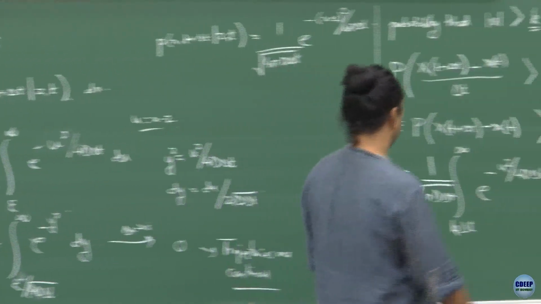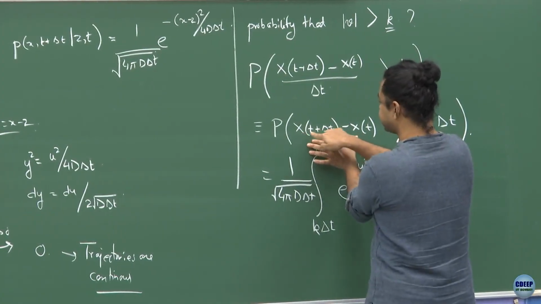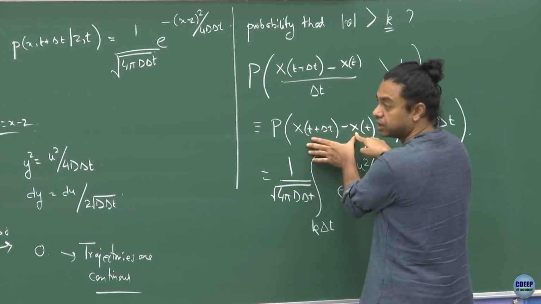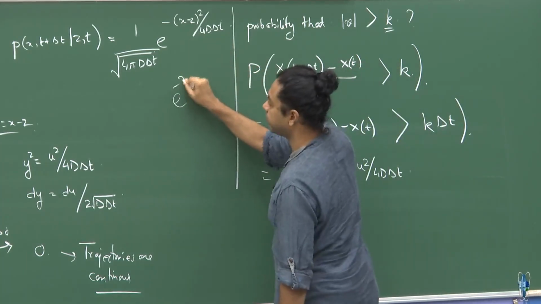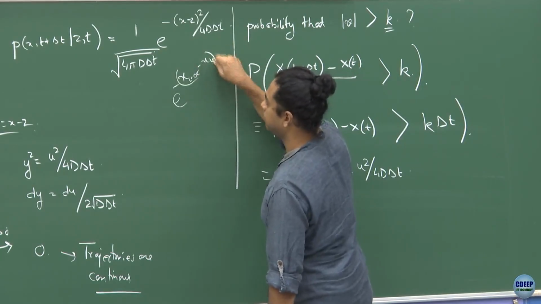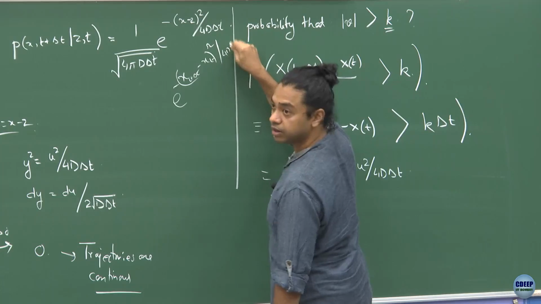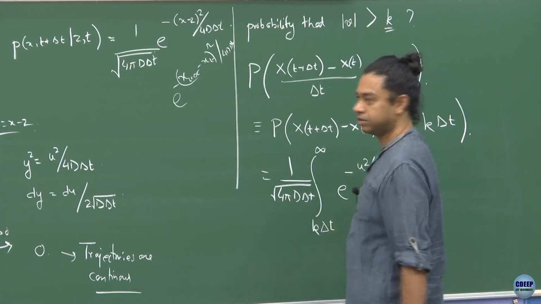Again, what is the probability distribution of the displacement x(t+Δt) minus x(t)? That is a Gaussian, right. So it is e to the power of minus (x(t+Δt) minus x(t)) whole square by 4DΔt. I just call that thing u, and then do exactly what I did here.